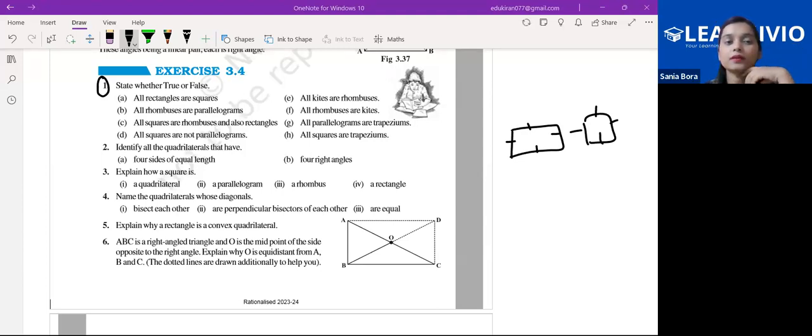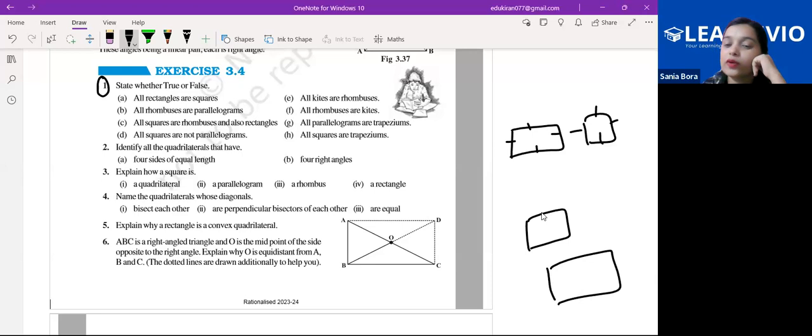I have a doubt. For C1, isn't it false because they said that all squares are rhombuses? That is true, but they also mentioned rectangles, right? See, this is a square and this is a rectangle. In a square, if you say opposite sides are equal, is this true with the rectangle?